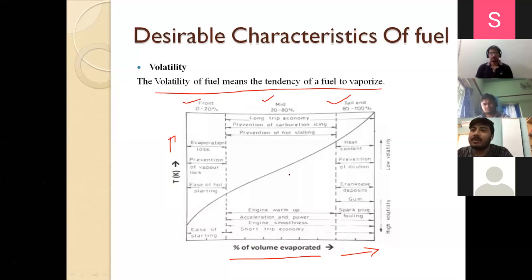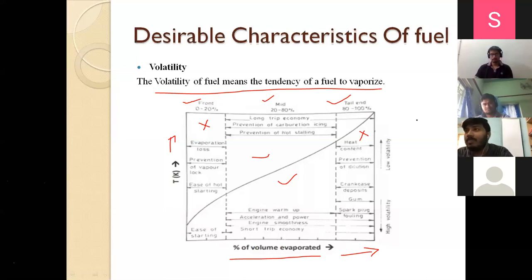That's why we cannot take the front portion fuels, which have low volatility. Next I will go to the mid portion, because the mid portion is suitable. The fuels which come under the category of the mid portion are suitable for IC engine fuels.